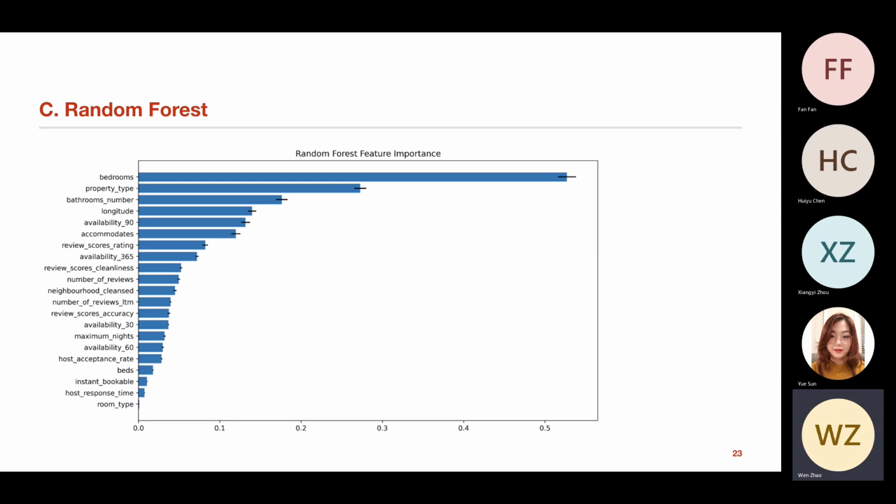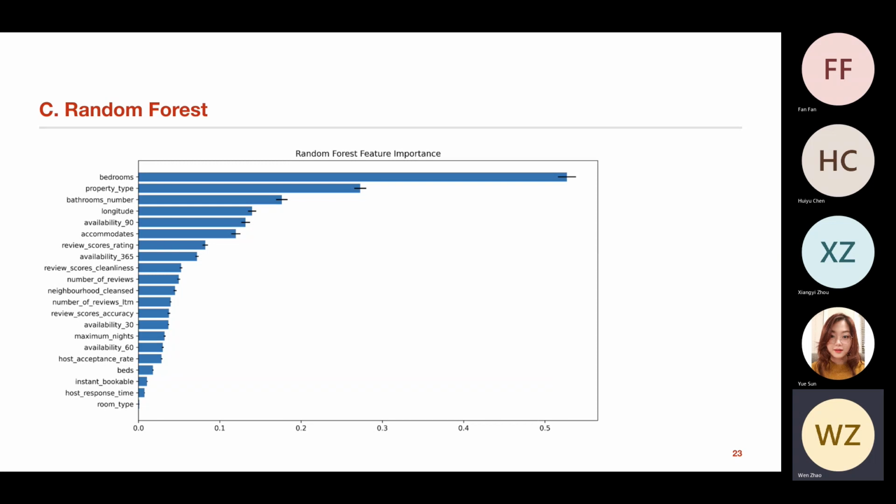To improve the predictability of models, we also utilize the random forest. It's easier to explain, and with a larger number of trees, the predictability can be improved compared with the simple decision trees. Compared with the above two models, random forest has better performance with lower mean absolute error and explained variance score.